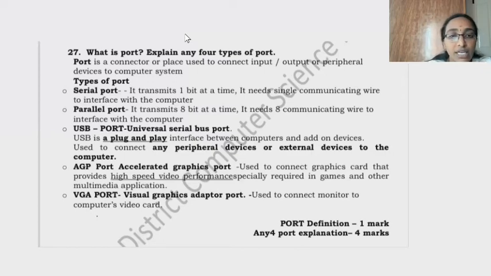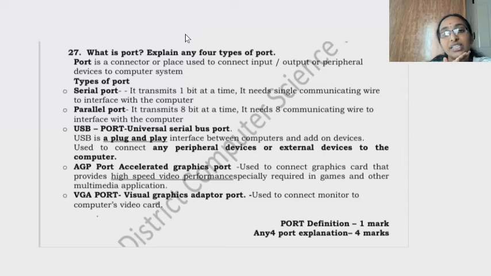Next, we have USB. USB is nothing but a universal serial bus. USB is an advanced input-output port that is used to connect a variety of newer peripherals like printer, scanner, digital camera, webcam, speaker, pen drives, etc., to the computer.